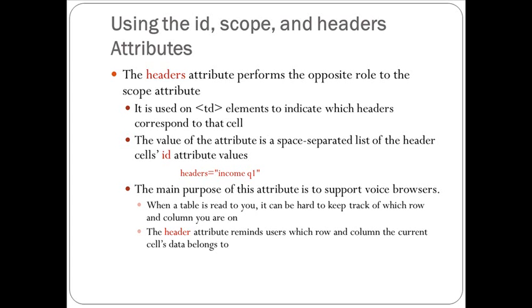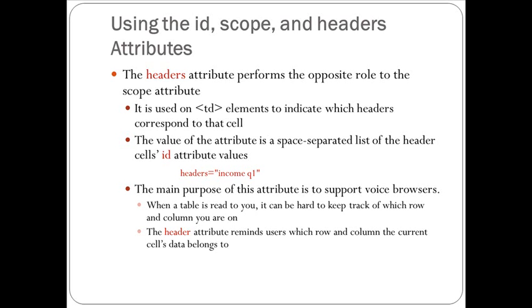So if it was headers equals income Q1, it is referring to the TH elements that have the IDs of income and Q1. More likely, one of those is a TH for the row and the other is a TH for the column.